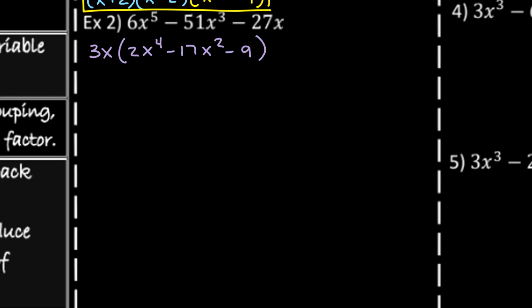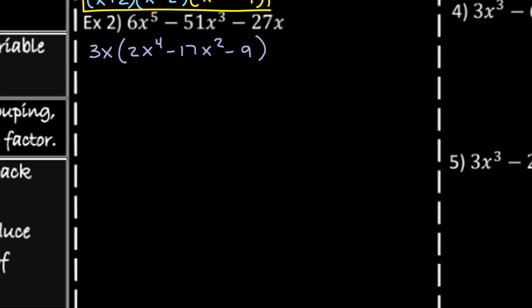So now that we've pulled our GCF out, is this sum or difference of cubes? No. Are there 4 terms here? No. So this is when we try to use quadratic form. We're going to look at our leading term, our leading x here inside the parentheses, and we're trying to make this into a quadratic.